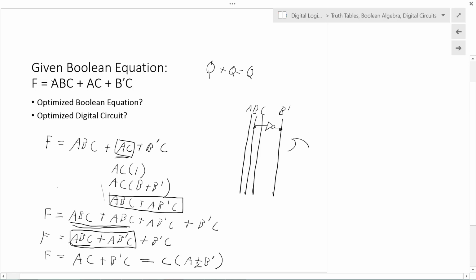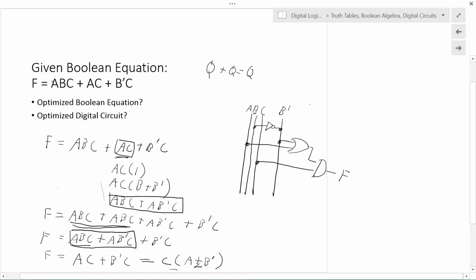So A ORed with B prime. Then we have this AND here, where we AND with C, like so. And this gives us our final output, F.